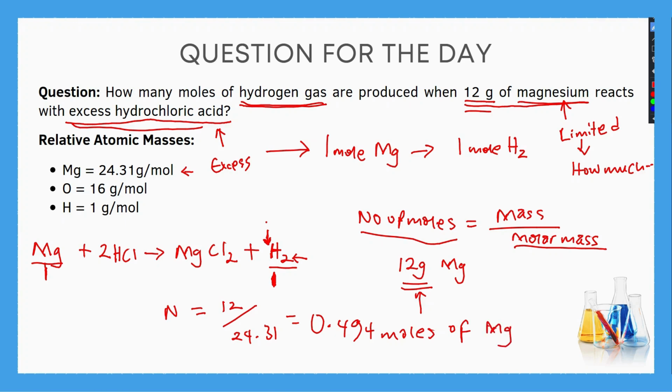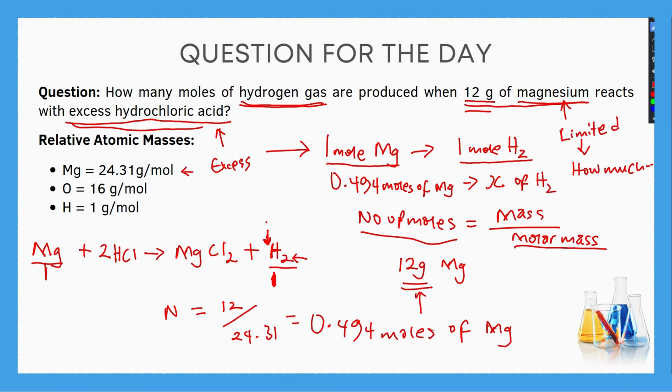So from the equation, we have 1 mole of magnesium yielding 1 mole of hydrogen gas. So therefore, 0.494 moles of magnesium will now yield an unknown number of moles of hydrogen gas.